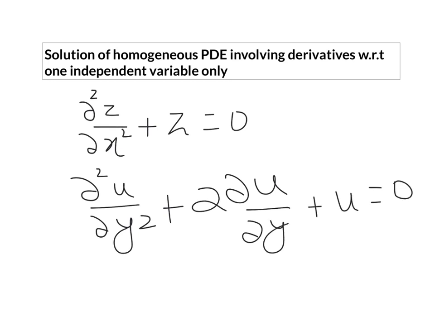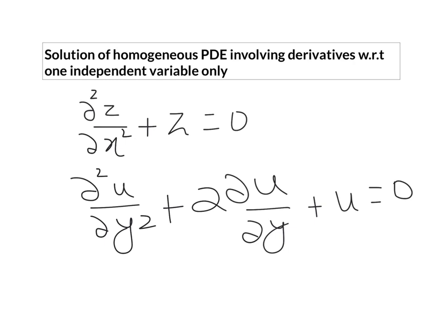You can observe all the right side terms are 0. Those are called homogeneous partial differential equations, and particularly we are discussing them with respect to only one independent variable. In the first example, the derivative involves only x. In the second example, the derivative involves y.